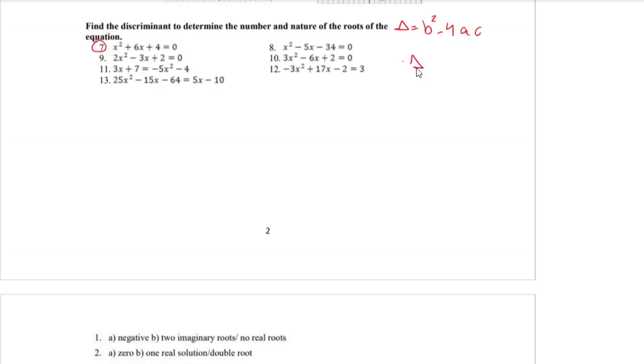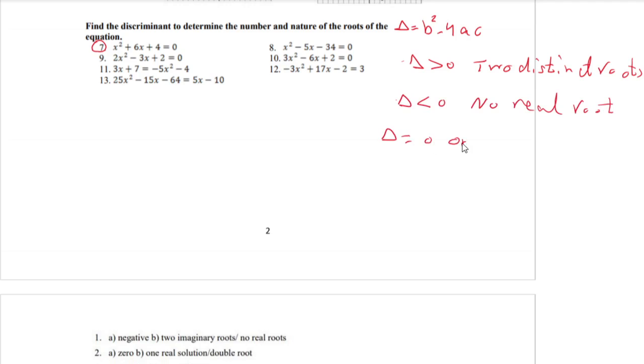If delta is positive, two distinct roots. If delta is negative, no real roots. If delta equals 0, one double root. So start calculating delta in each case. In number 7, when you calculate it, delta is negative, so two imaginary roots or no real roots.